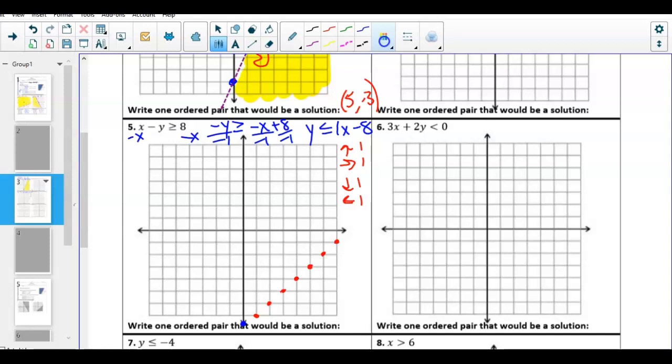And this is a less than or equal to. So this is going to be a solid line because of the equal to. But because it's less than, I'm still going to shade below.